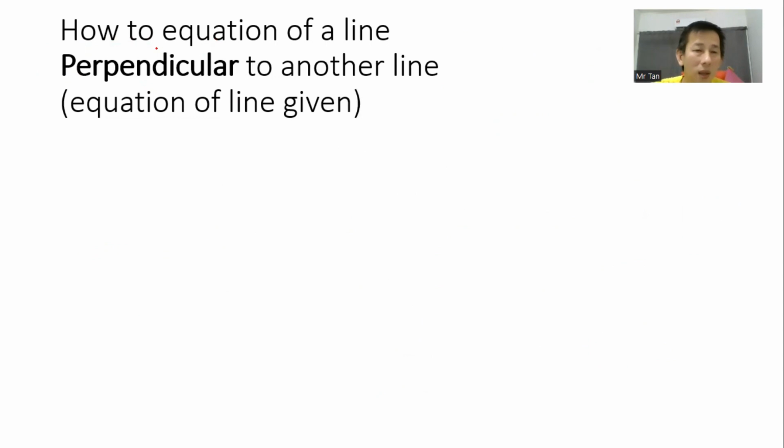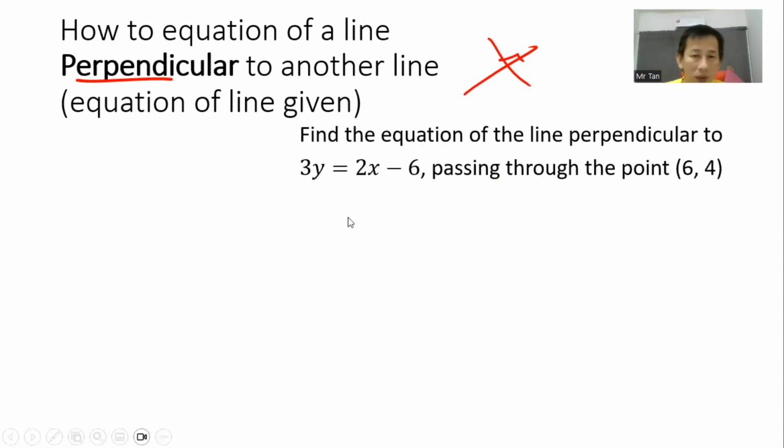Now look at how to find the equation of the perpendicular. We know perpendicular is 90 degrees. If they give you an equation, same as before, you must rearrange. In this case, your y should equal 2 over 3 x minus 2. So your m1 is equal to 2 over 3.